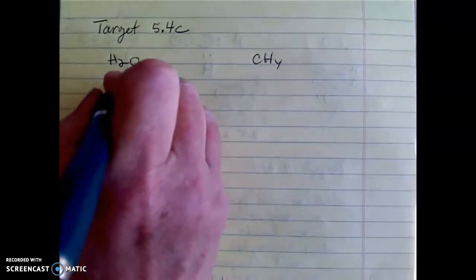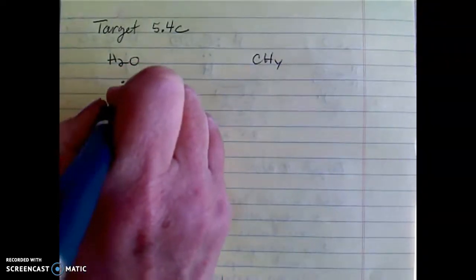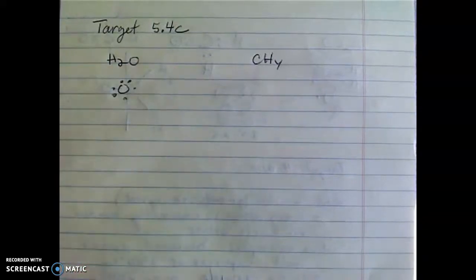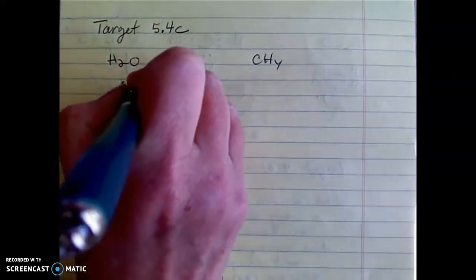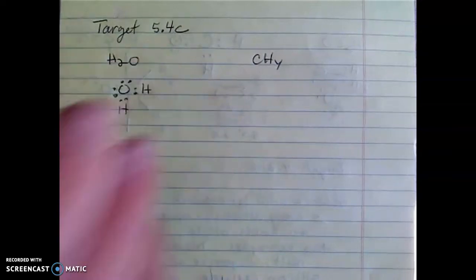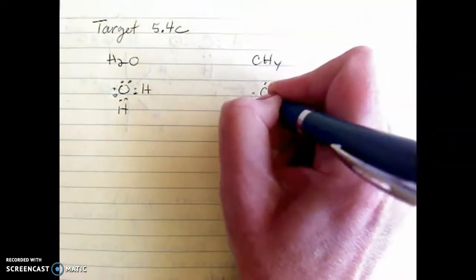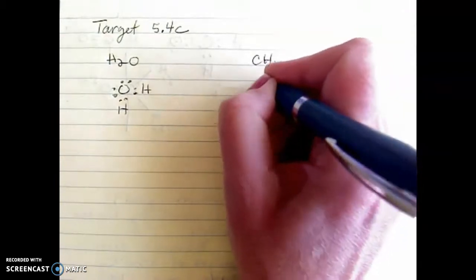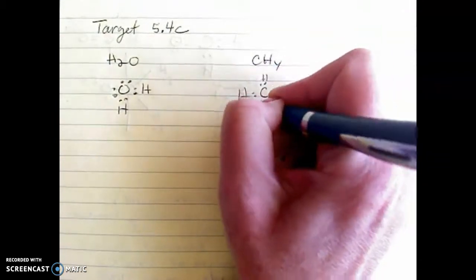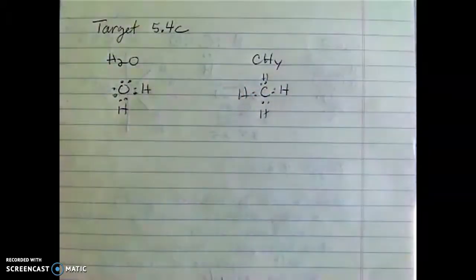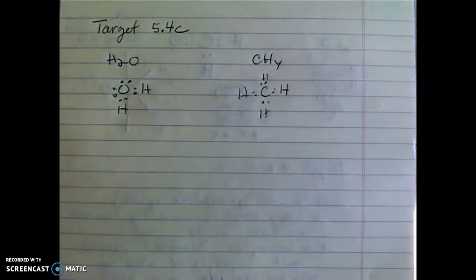Again, oxygen has 6 valence electrons, and then hydrogen shares there and there. If you have methane, carbon has 4 valence electrons. Hydrogen shares here, here, here, and here. Now, what you want to do is take a closer look at their structure, because right now they do have different electronegativity values.